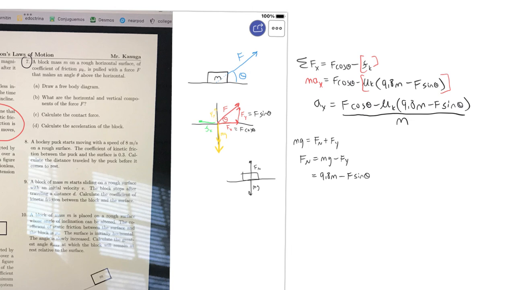So that's that. Also, I'd be curious if the teacher needs this vector decomposition in the free body diagram. In fact, you might not need the vector decomposition. I'm sorry to go back and forth like this, but it's possible what the teacher wants is maybe something like this. F, right?